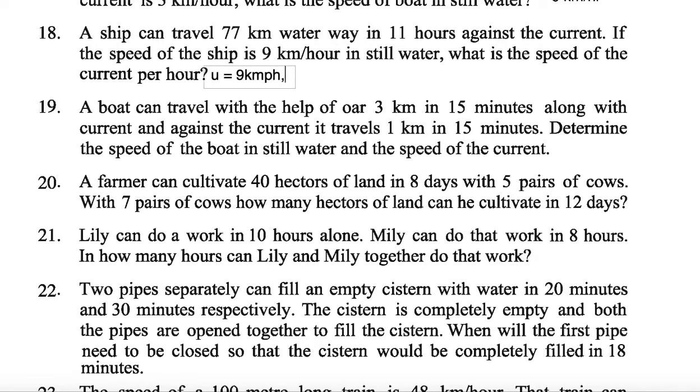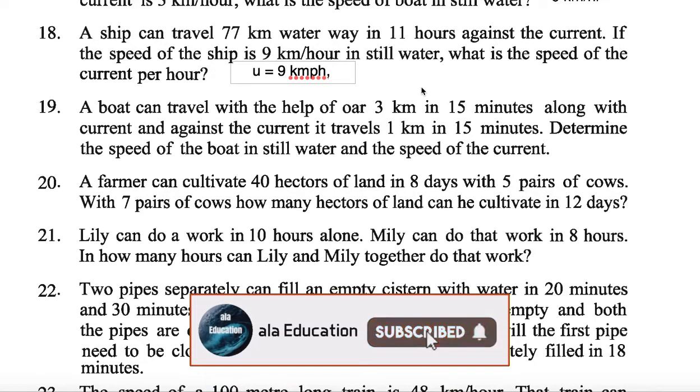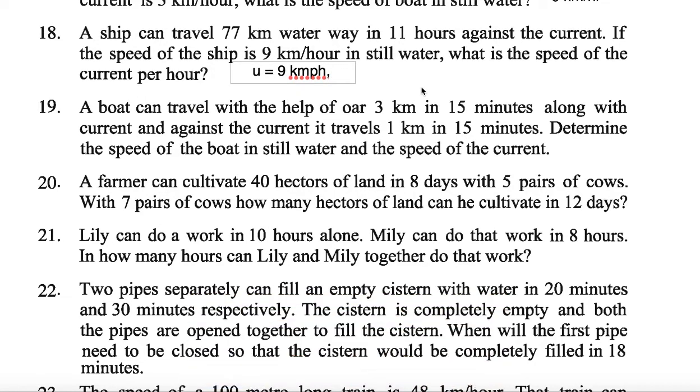We don't know v yet, but it takes 11 hours to travel a distance of 77. So distance is nothing but u minus v, in this case speed, into time. Time is 11 hours. Okay, expand this.